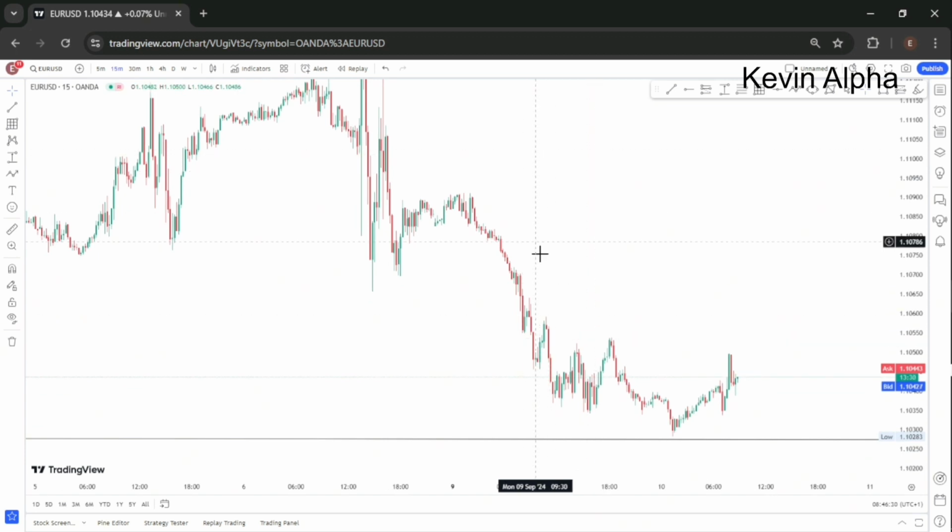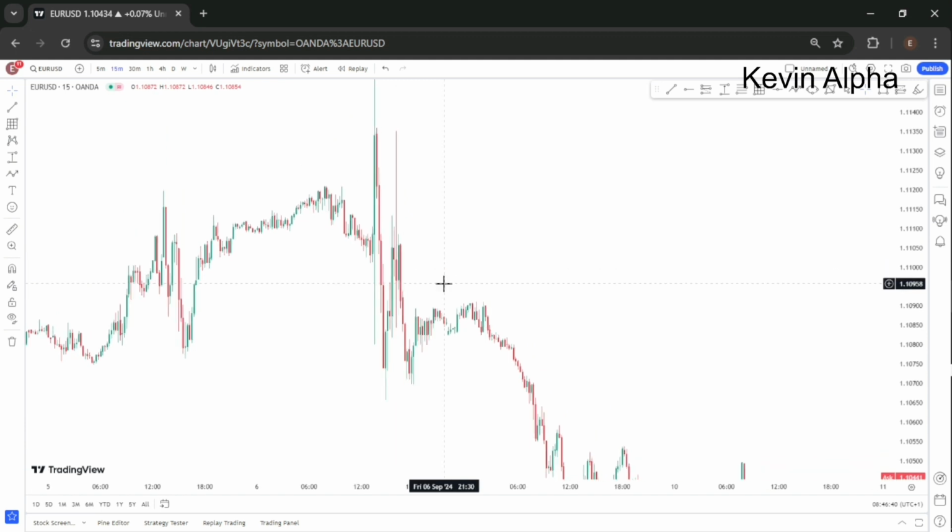So we have that massive fall all the way down. Since character was changed at this point, with a candle close below, we began to map structure for the downside. And as you can see, no inducement was taken here. So that's just one pullback, another pullback when it goes to this point.